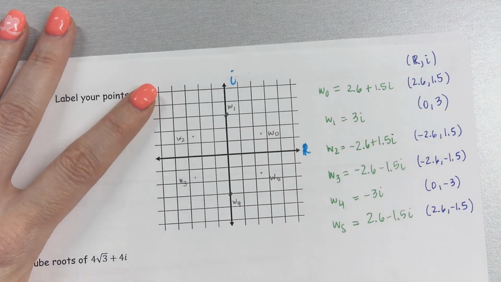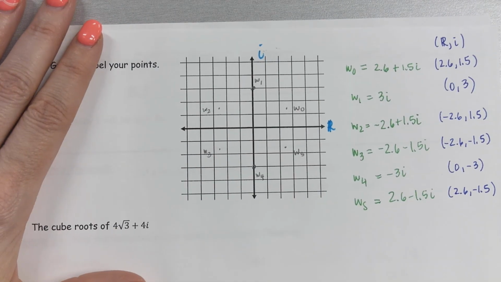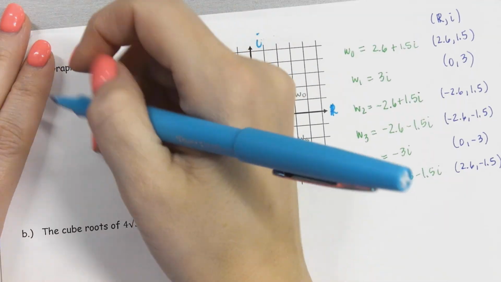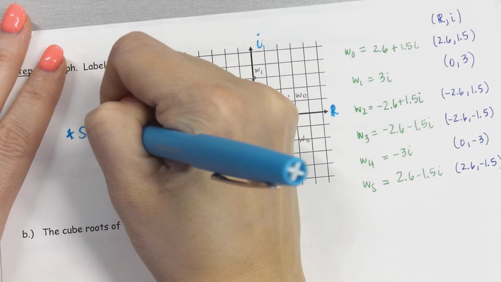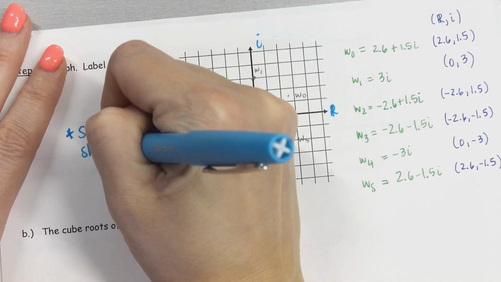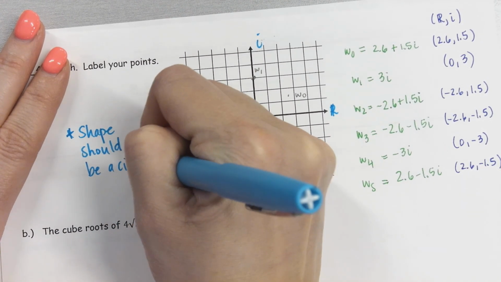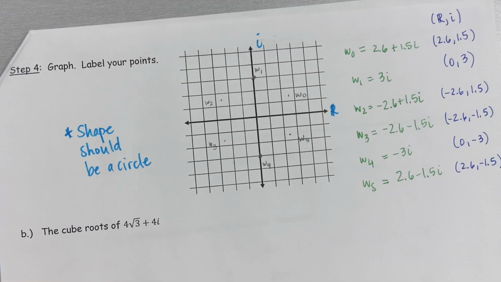This is the most common shape that we've been graphing on our polar coordinates. It is a, Cedric, what is it? It's a circle. The shape should be a circle. So do not connect them with hard edges. Okay, every single time it's going to be a circle. Okay, even if there's only 3 points, it won't be a triangle.